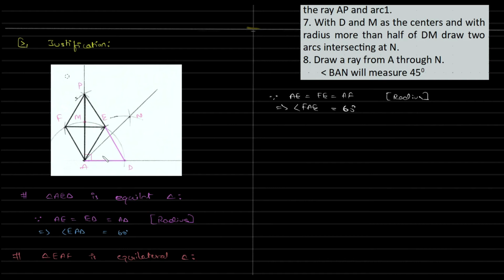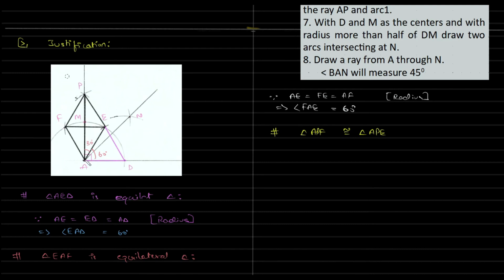So why are we talking about these two angles? See, in the end we need this particular angle to be 90 degrees, is it not? So if this is 60 and if we prove that this is 30, we get this entire angle to be 90. So that's the basic idea. Now the last step is telling that triangle APF is congruent to triangle APE, right?